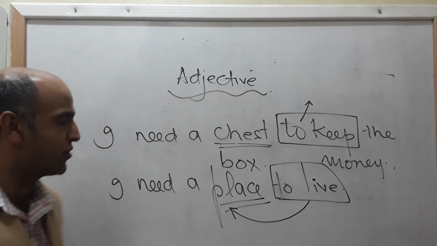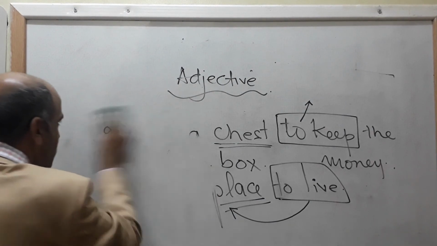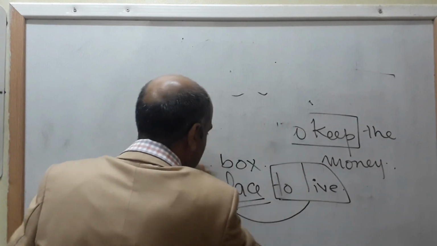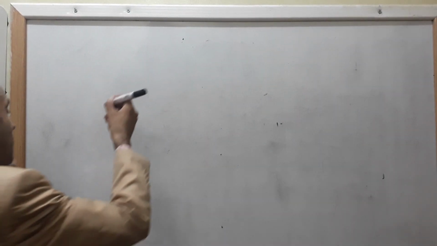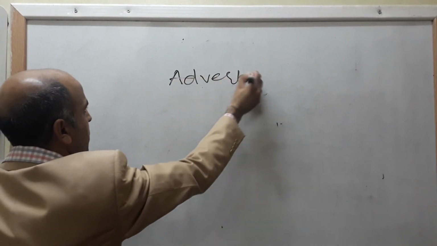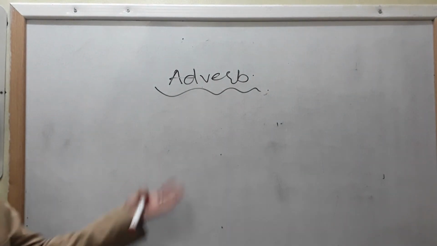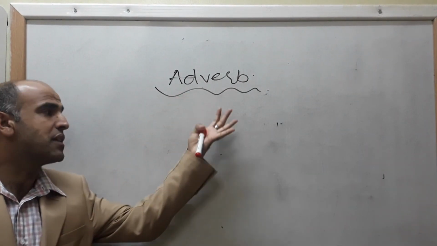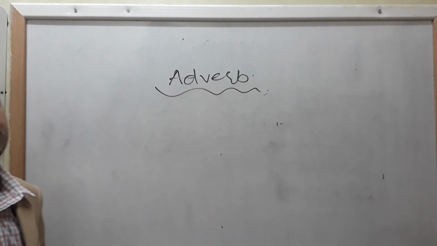Let me proceed to the last use of infinitive in a sentence, and that is the adverb. It adds to the meaning of a verb, of an adjective, and sometimes of another adverb in a sentence.